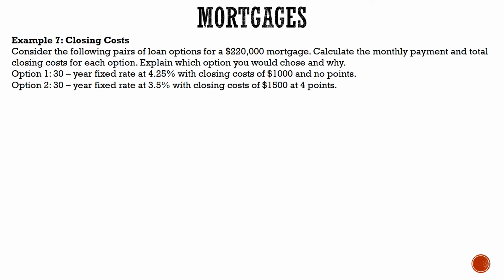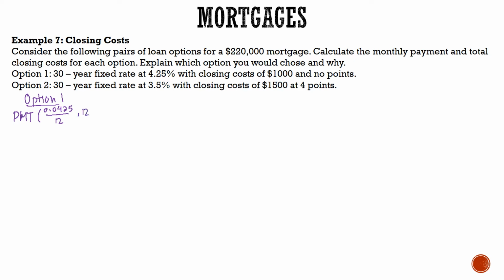So first let's take a look at option 1. Option 1 is going to need to find its payment. So its payment, PMT, we'll calculate in Excel, and we're going to put in our fixed rate of 0.0425. That's divided by the number of payments we make each year, 12.